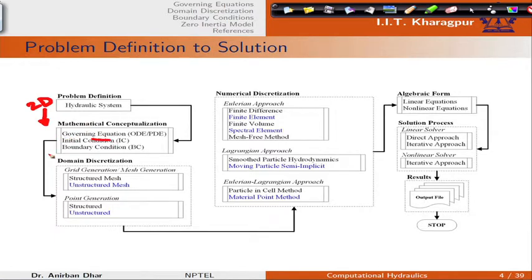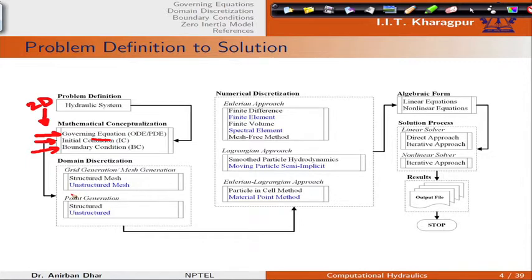The 2D problem is unsteady in nature in this case, because the time evolution of surface flooding or surface water movement we can track using those governing equations. So, we will have one governing equation, initial condition and boundary conditions.